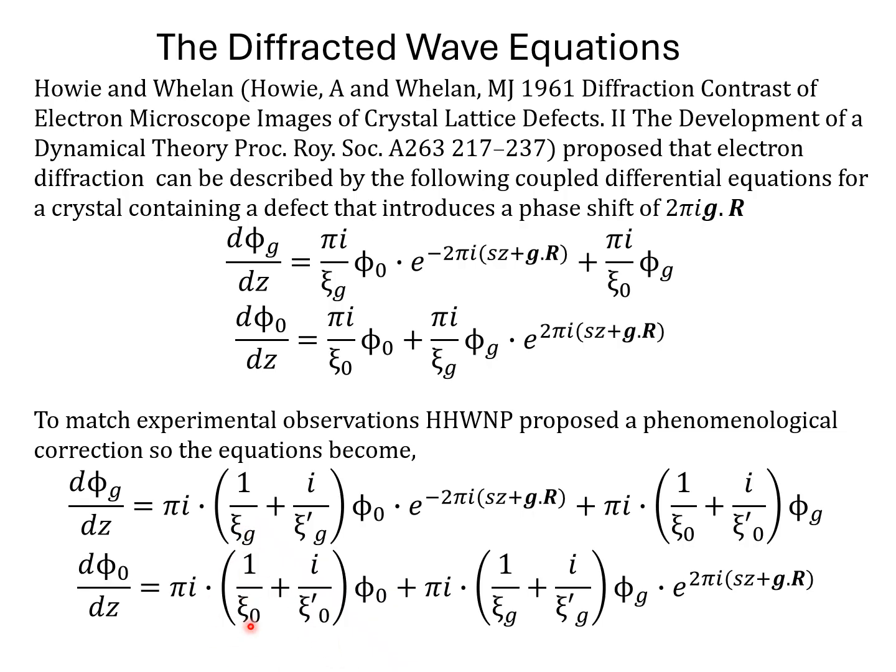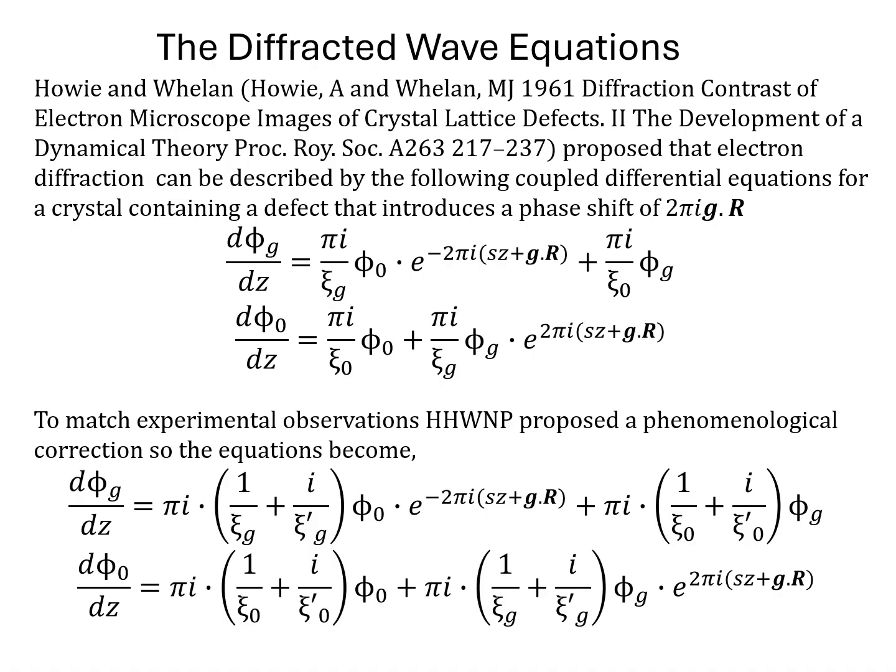They, in effect, split the amplitude into a real and an imaginary part of different amplitudes, because you have different extinction lengths that are in the imaginary component. So they found that they had to do this in order to get the agreement with what's observed.